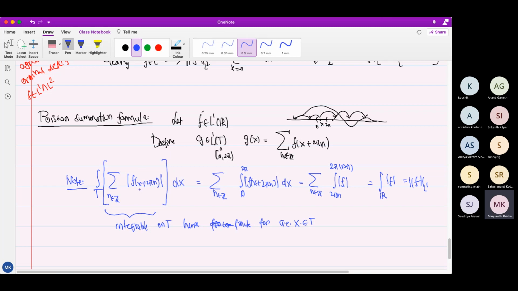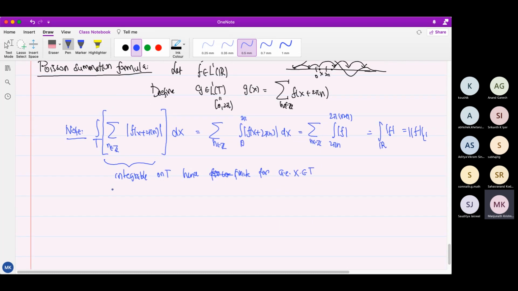If you have a function of x which can be integrated, then it should be finite, it can be infinity on a zero measure set. So in other words, thus the series defining G converges absolutely for almost every x in the torus.